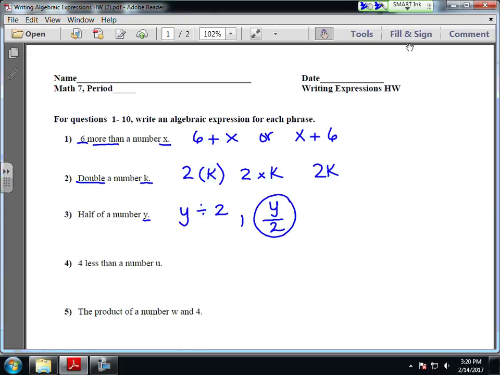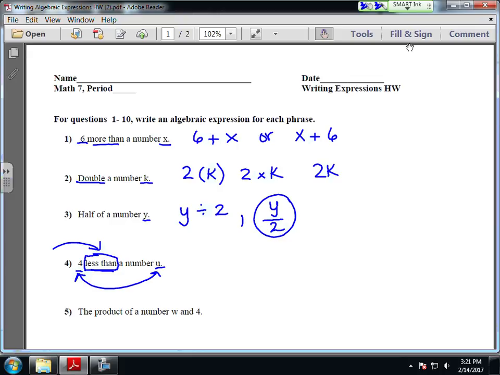Let's take a look at number 4. Number 4 is that tricky wording that Mrs. Click was telling you about. Whenever you see the words less than, what are you supposed to do? Well, normally we would put 4 less than U. But when we see the word less than, we know that we want to switch the order of the constant and the variable.